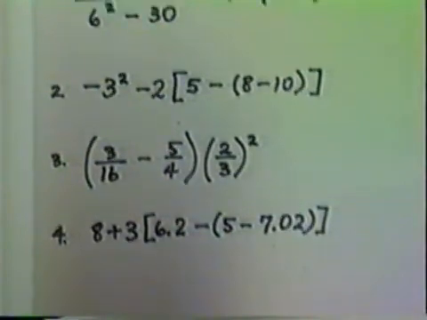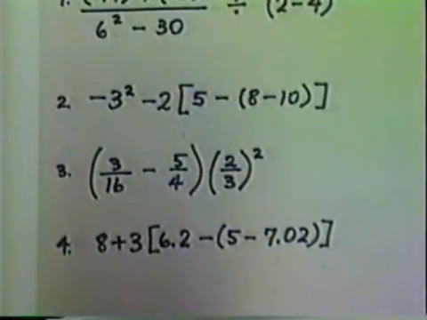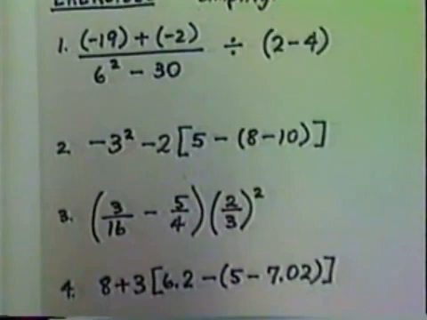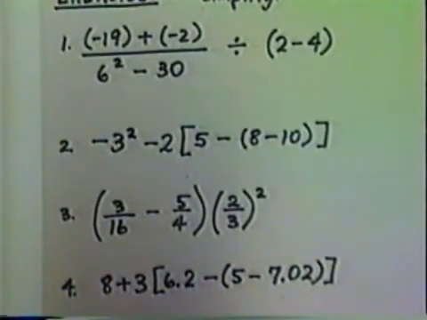Make sure you have all of these copied down correctly. Let's see if I can get them all on the screen. Yes, just barely. Make sure you have them all copied down correctly. Then stop the tape, work the problems, restart the tape, and check your answers.